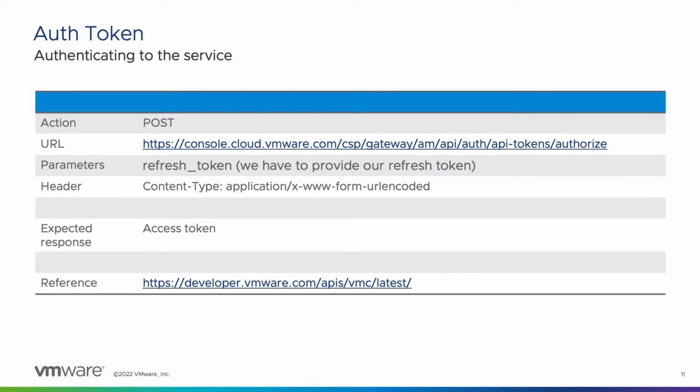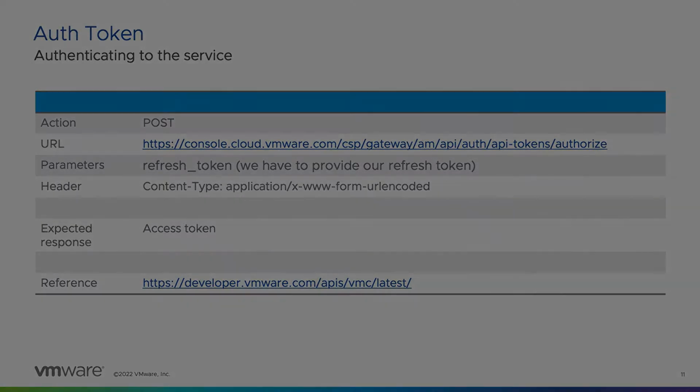In this case, it's a POST. You'll need to know the API endpoint, which is the menu item, the thing you're going to order from the service: I need to go get a token. And you need to be able to supply some parameters. In this case, we have to provide our refresh token. So let's talk a little bit about what that looks like.